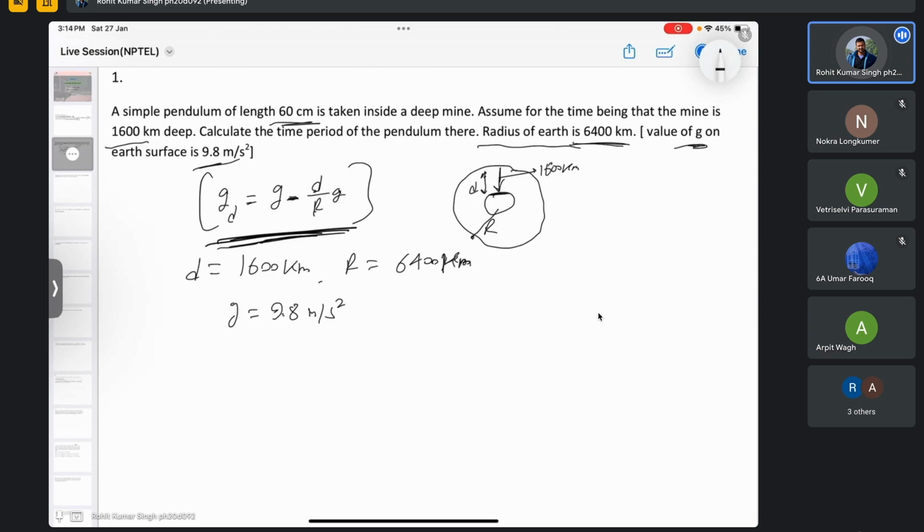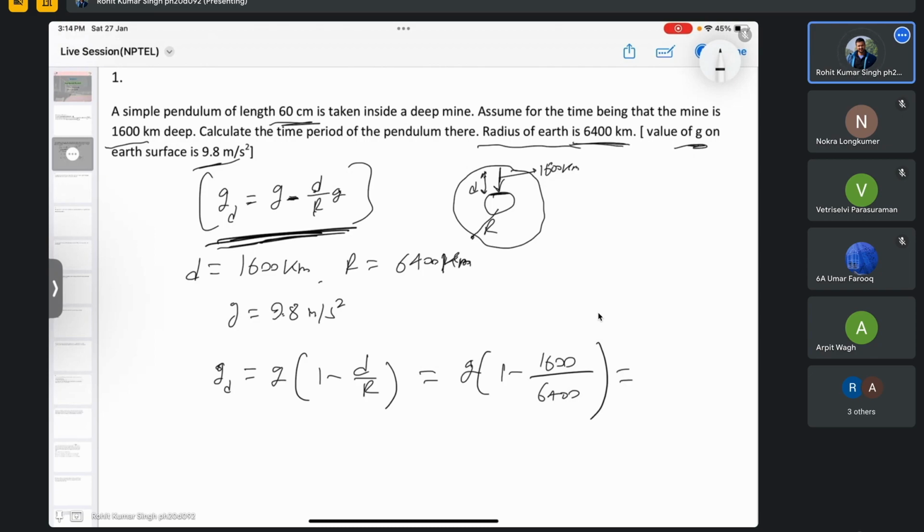So if I put everything in this formula, I will find the g at distance d, which will be, so I'll take the g common from here, 1 minus d by r, and then 1 minus 1600 over 6400.